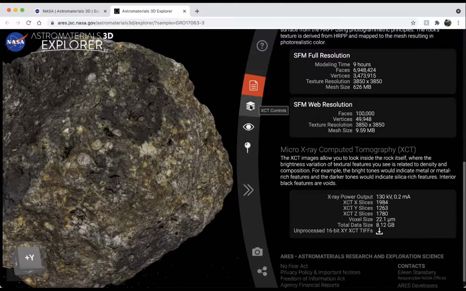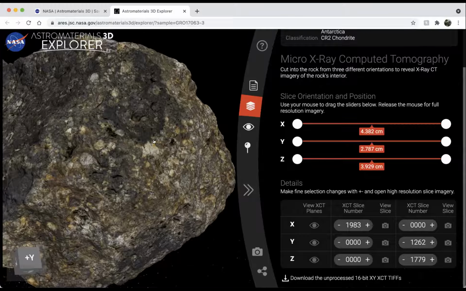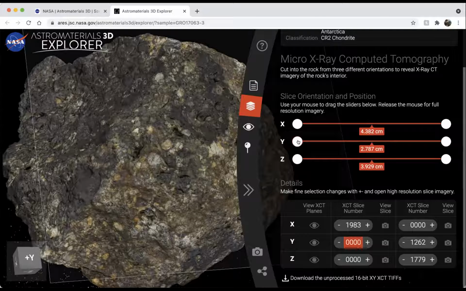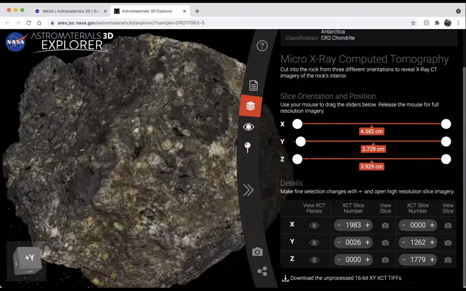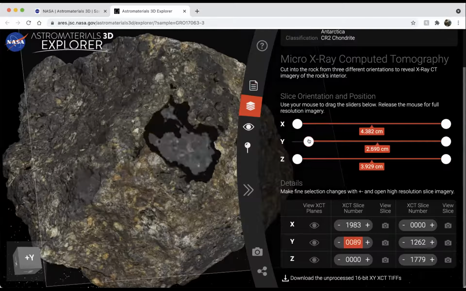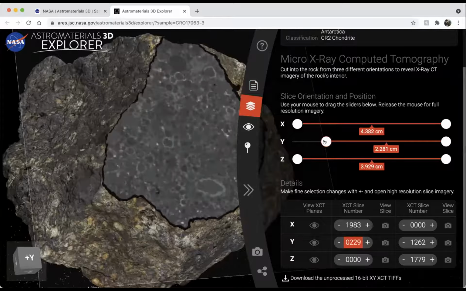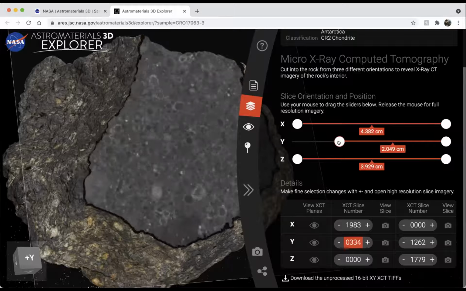And so let's take a look at that, the XCT information about this rock. So we're going to go ahead and slice, and you can use any one of these six slicing tools here to start to slice into the rock. And as I do so, you can see into the rock itself.